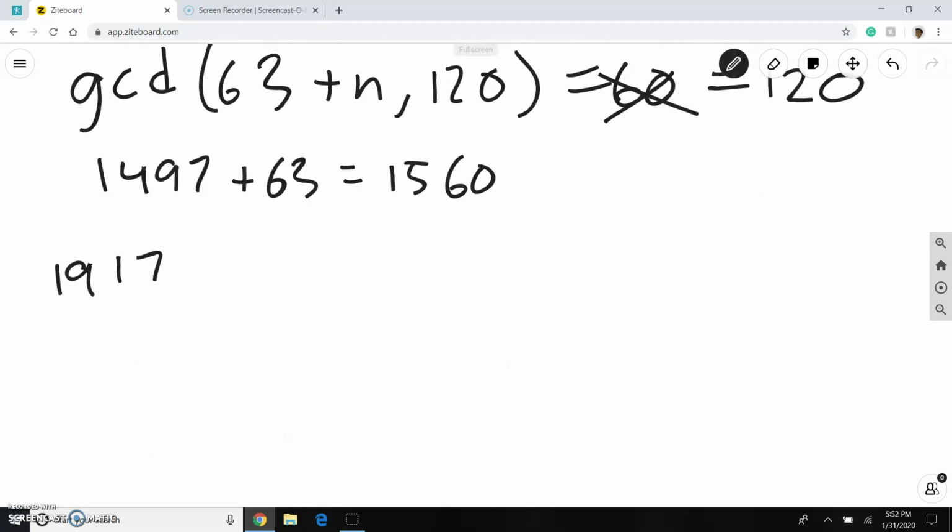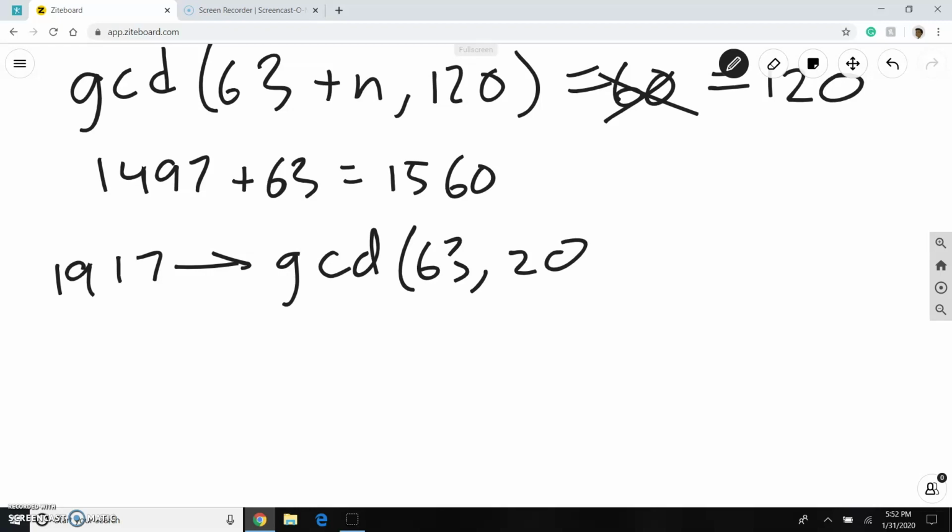And when we solve for that, we get GCD of 63 and 120 plus 1917, which is 2037. And this is in fact equal to 21. We know this is a multiple of 21 from how we found these numbers, but it's not a multiple of 9, which ensures that it's 21 and not 63.